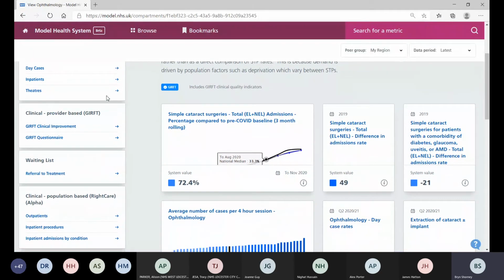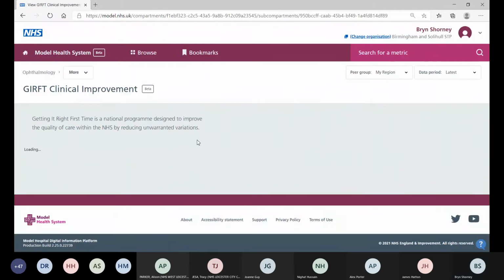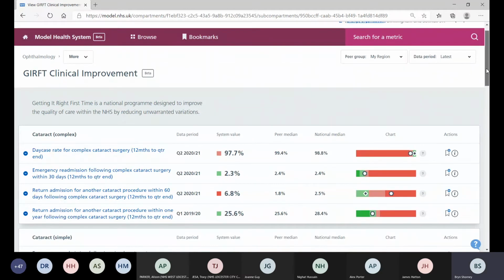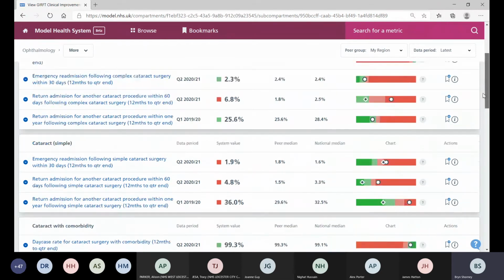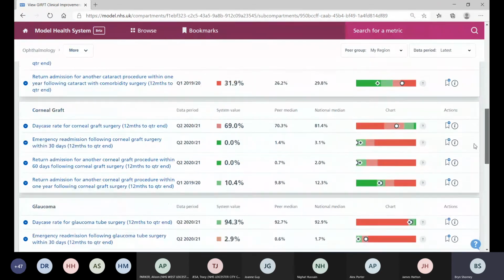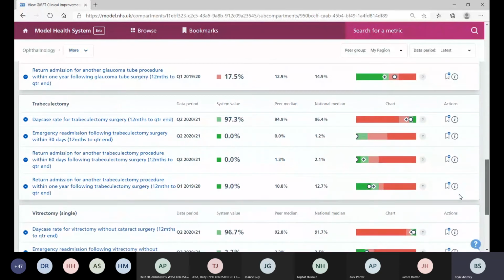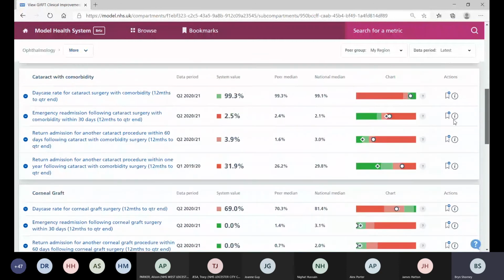I'll show some of the information that we've got within the GIRFT compartment. Based on the GIRFT National Report for Ophthalmology, you can see here we've got information on cataracts, corneal graft, glaucoma, trabeculectomy, vitrectomy. I'll stop there before I get into trouble with my pronunciations.